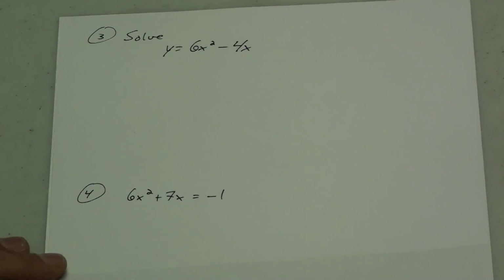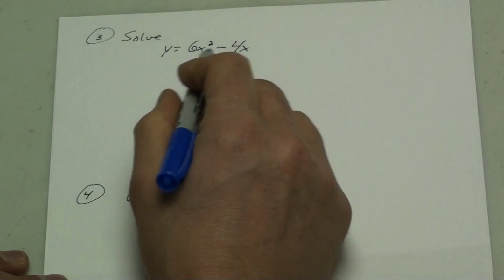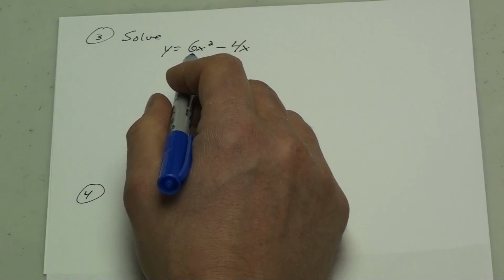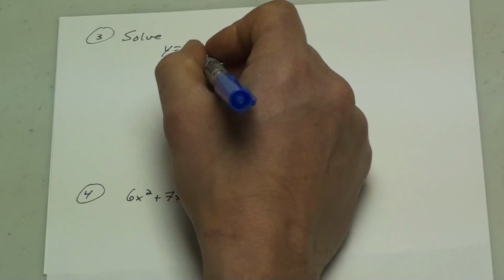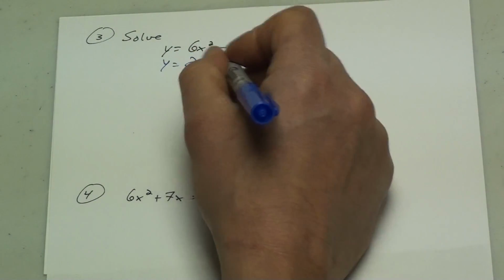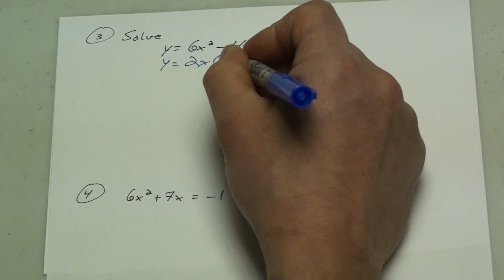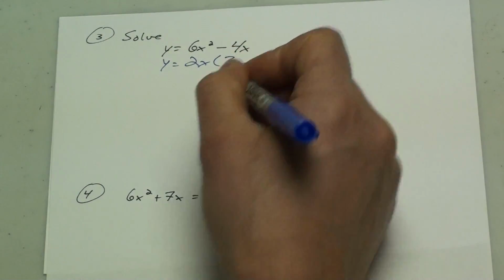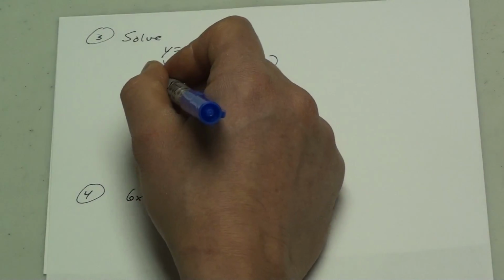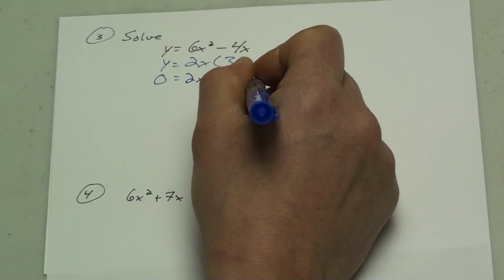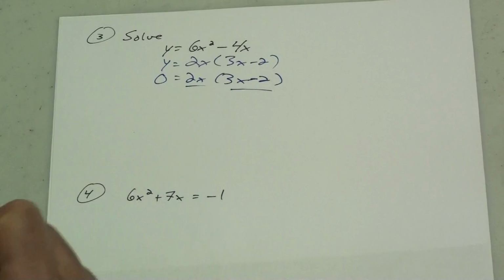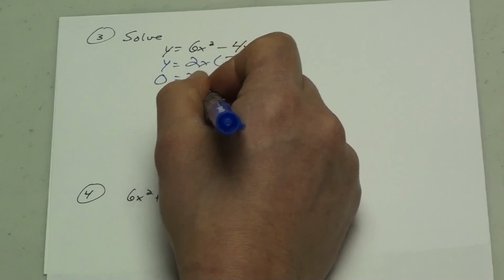Third question. Again, I need to factor this. Now the type of factoring I'm going to use is common factoring. I can common factor out a 2x, and dividing both terms by 2x, I'm left with 3x minus 2. Make my y value equal to 0. Take each one of my factors and make them separately equal to 0.